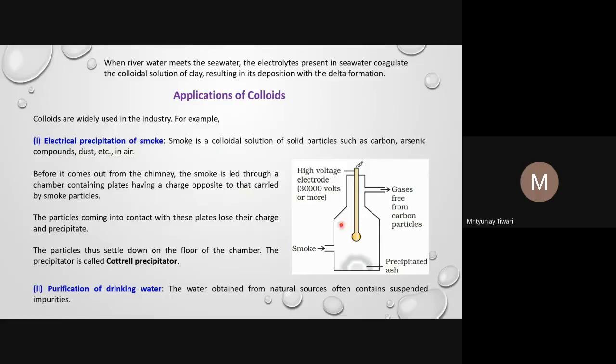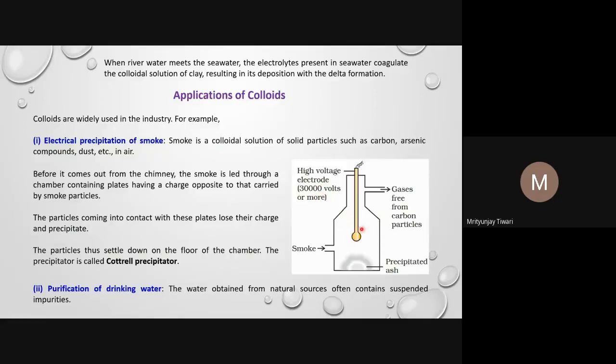So before smoke comes out of the chimney, we pass it through a chamber which contains an electrode or a plate having a very high voltage, as high as 30,000 volts or even more.